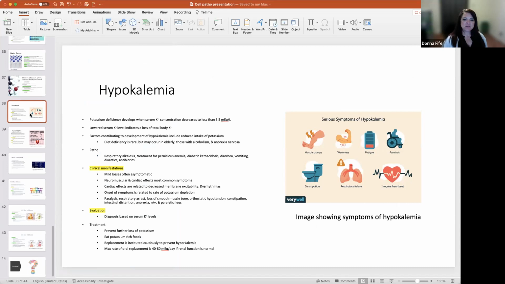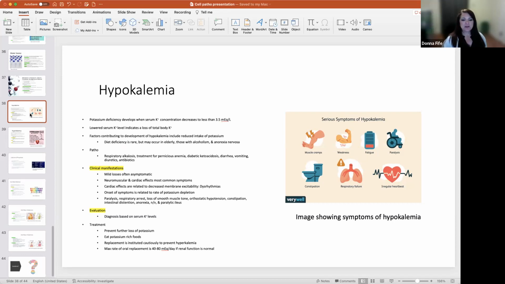Lowered serum potassium level indicates a loss of total body potassium. Factors that can contribute to this include reduced intake of potassium, although diet deficiency is rare, but this may occur in elderly patients, those with alcoholism or anorexia nervosa.